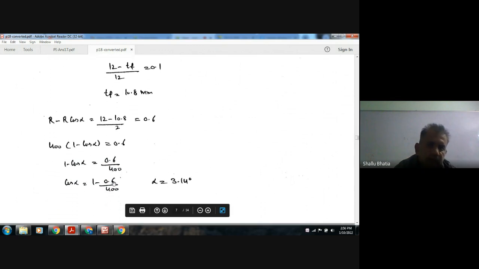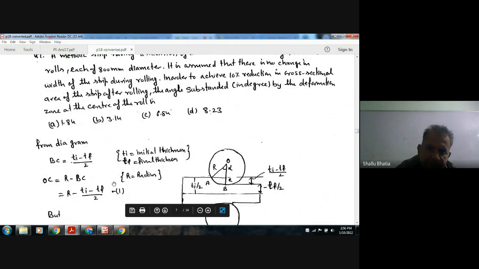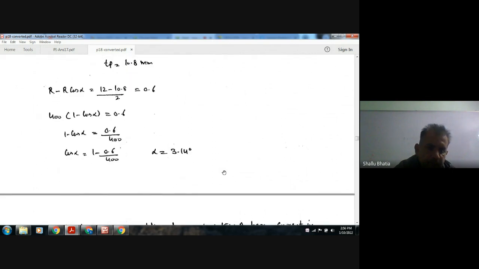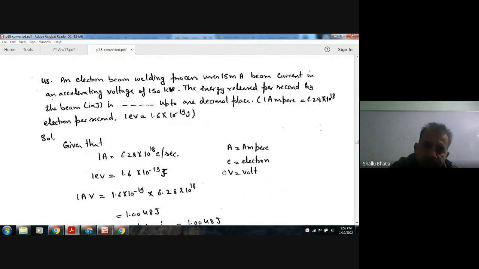So alpha is 3.14 degrees. So the angle of bite, or the angle subtended in degrees by the deformation zone, this is the deformation zone, and the angle subtended is alpha. So alpha is 3.14.